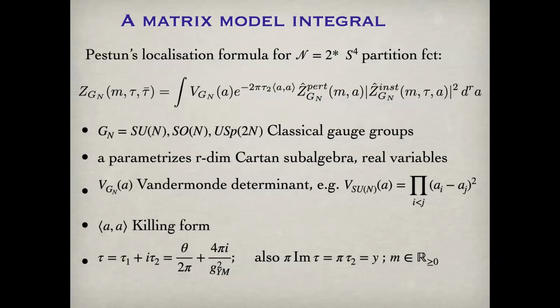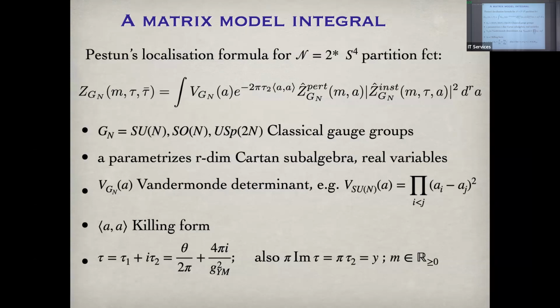This B_{G_N} is actually already in the diagonal basis, it is just the Vandermonde determinant of these Cartan elements. So if you wish, for SU(N), it is just the product of (a_i minus a_j) squared. Change the group, this Vandermonde changes slightly, but still the same sort of functions.